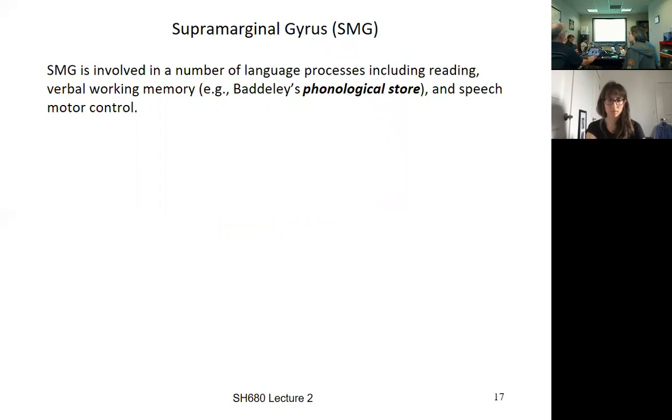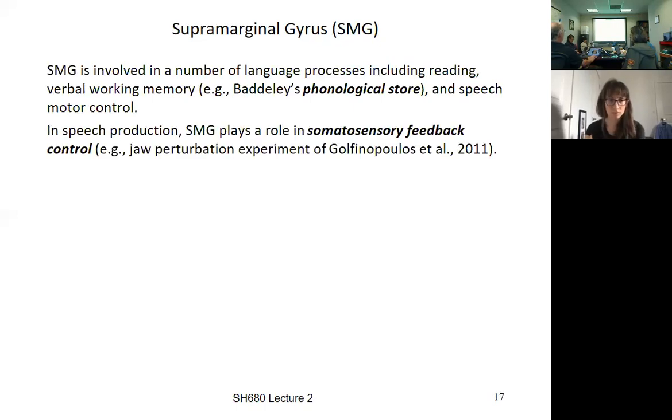So if you have to remember a phone number, you say the number in your head, and then you hear it in your head through the phonological store. So you're basically refreshing the phonological store by saying it in your head according to that model. And that phonological store, in that sense, is thought of as being probably in the supramarginal gyrus by other people that follow this. In speech production, it plays a role in somatosensory feedback control.